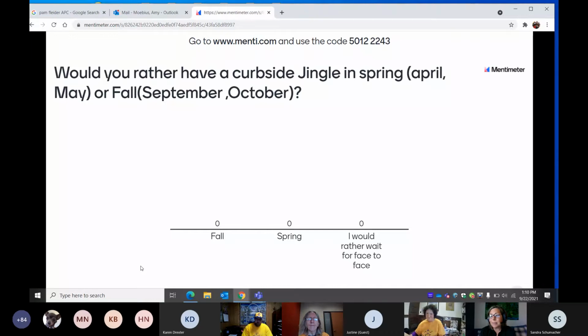Do you see that at the top of the screen? I'll point to it with my mouse. And then once you get in there, you plug in this number. Do you see this? 501-222-43.